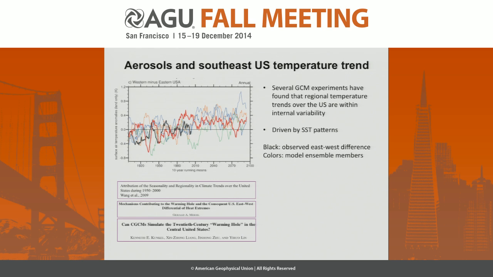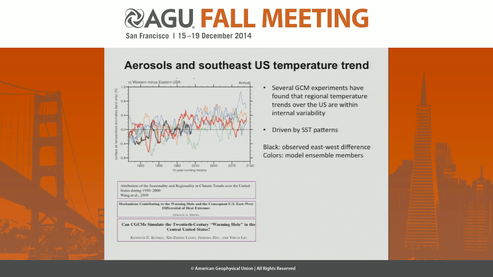This figure is taken from this paper by Wang et al. talking about climate trends over the United States. And it, I would say, is support for the internal variability. So the black is the temperature difference between the eastern and western United States, or the trend in it.